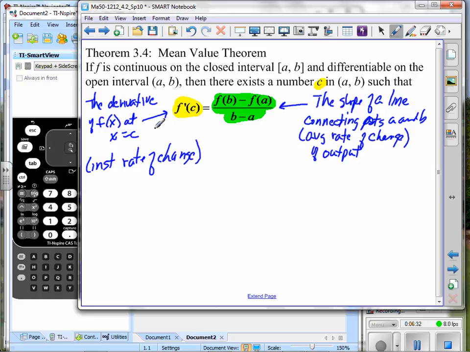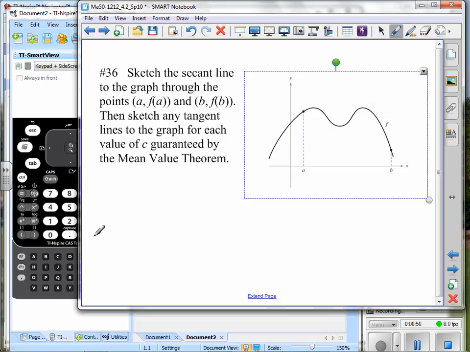This is a theorem, and this is saying that if the function is continuous on a closed interval, differentiable on an open, there's an input value in that interval where the derivative has the same value as the average rate of change over the whole interval. That's what it's saying.